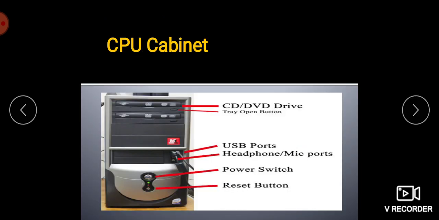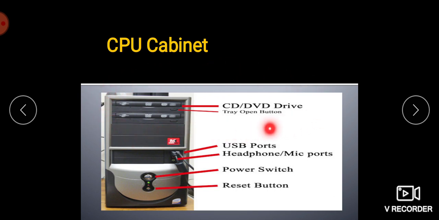Okay, my dear students, now I want to talk about the CPU cabinet. You know this device as CPU, but it is not CPU. It is CPU cabinet. It is used to store some hardware devices or parts of the computer all together in it. So first of all, I want to talk about the topmost part of this CPU cabinet.